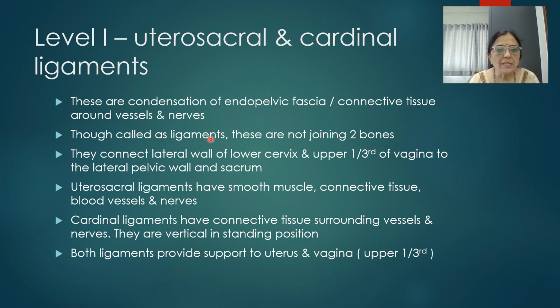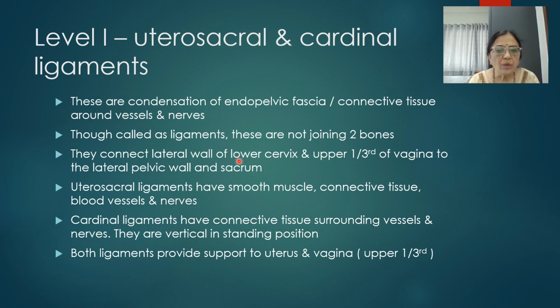Though we call these ligaments, they are not joining two bones. Usually in the body, whenever we say ligament, it is joining two bones, whereas these are not. These extend from the cervix and go to the lateral pelvic wall, which is covered by the obturator muscles, and posteriorly to the sacrum.